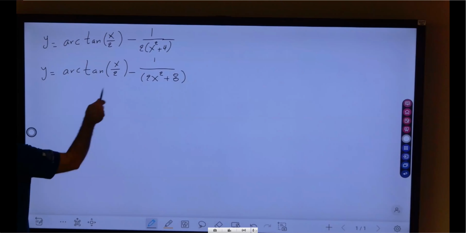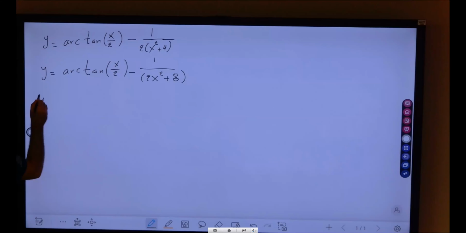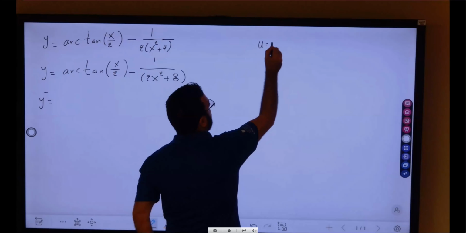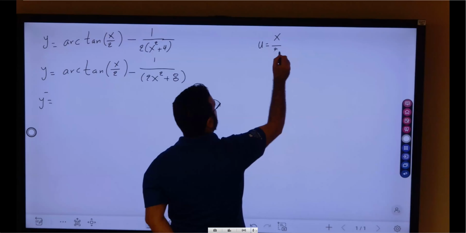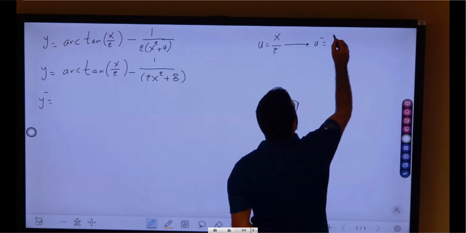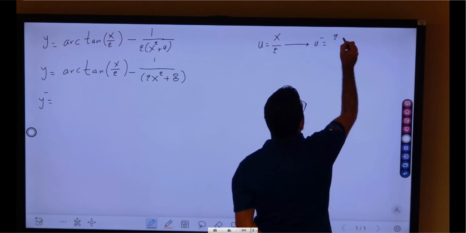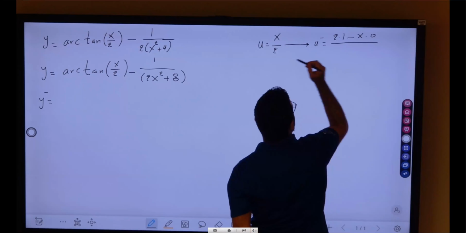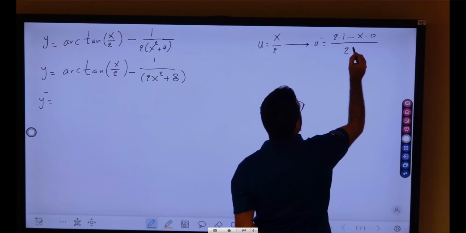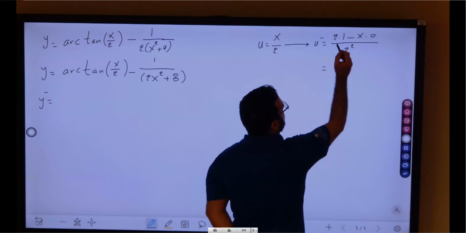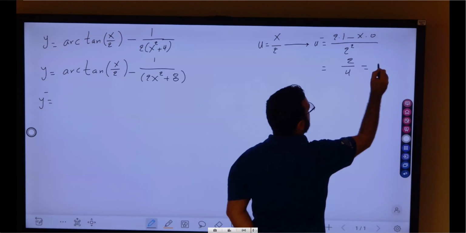So what's the derivative? y prime is 1 over. I already know the u is x over 2, which means u prime is the bottom one, 2, times the derivative on the top, which is 1, minus the top times the derivative of the bottom, which is 0, over 2 squared, so it's 1/2. That means 2 over 4, which is half.